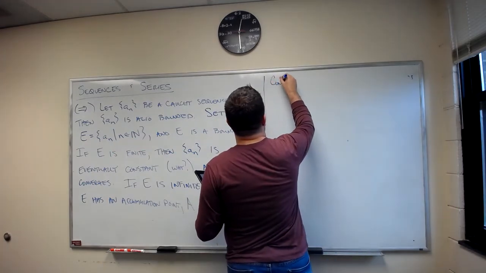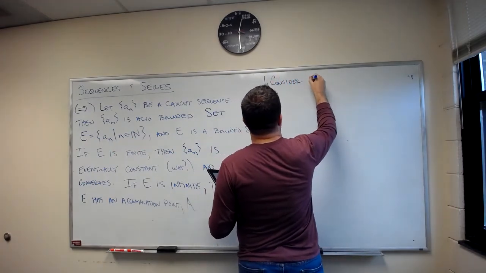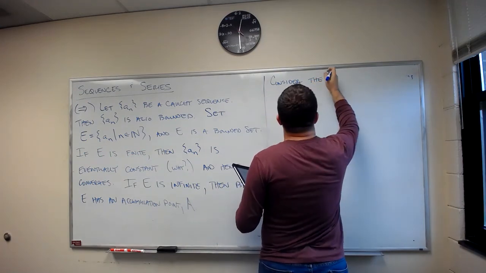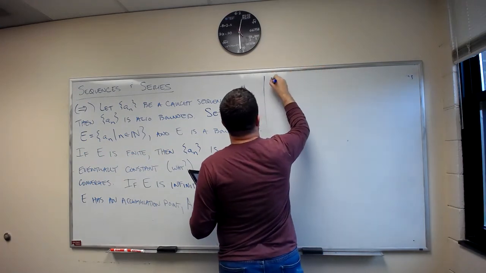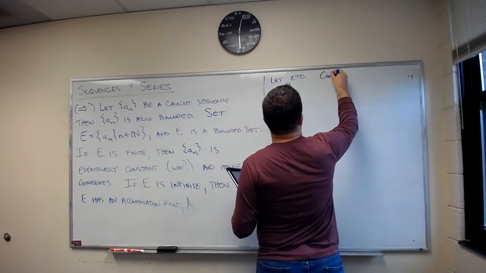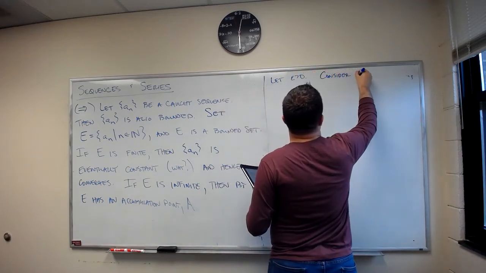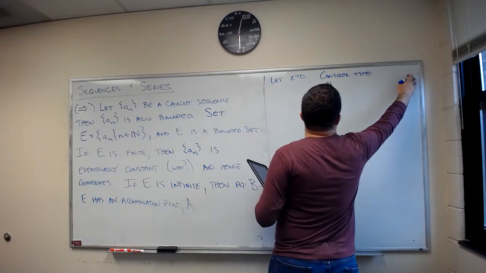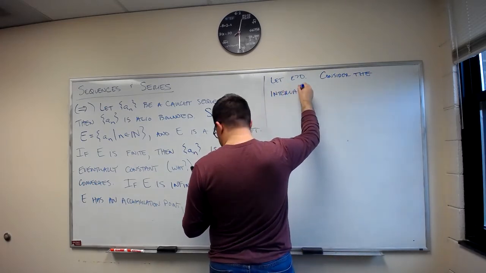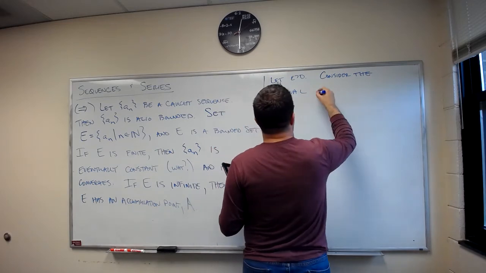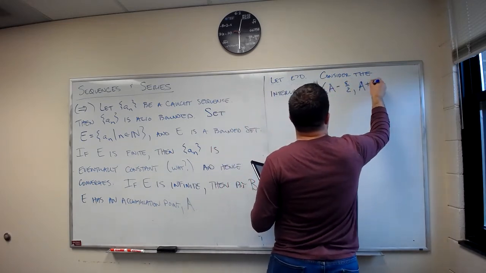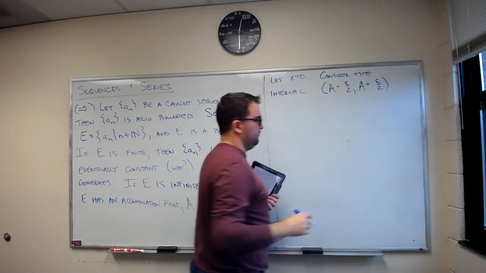So consider the interval, so sorry, I need epsilon first. Let epsilon be greater than 0, and consider the interval A minus epsilon over 2 to A plus epsilon over 2.